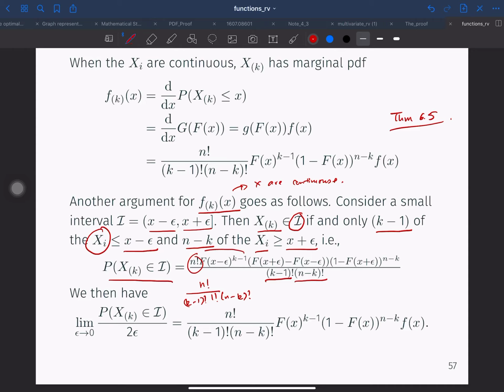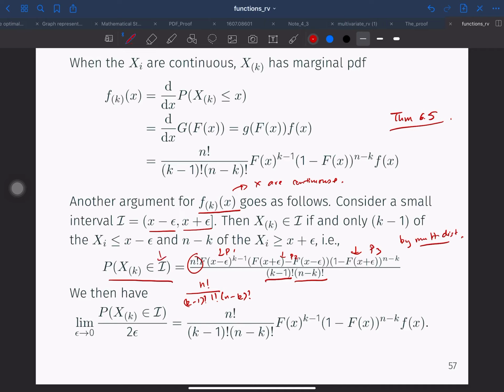This is P1, this is P2, and this is P3, which is 1 minus P1 minus P2. So we get this from the multinomial distribution. So therefore, the probability that X_(k) belongs to the small interval.